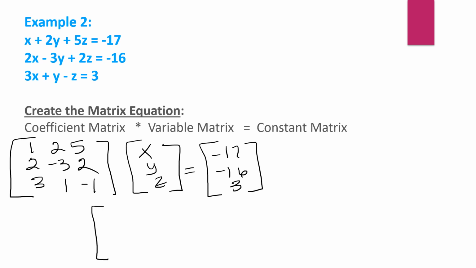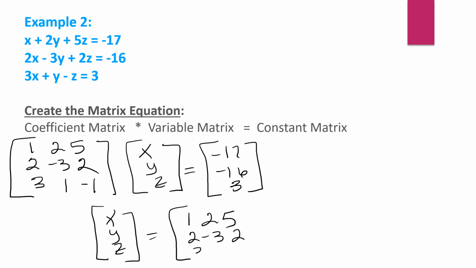And to determine the values of x, y, and z, that ordered triple, we are going to take the inverse of the coefficient matrix. And again, we are not doing the work by hand for this one. We're using our graphing calculator to help us out. Raise it to the power of -1 and multiply that by the constant matrix, -17, -16, and 3.